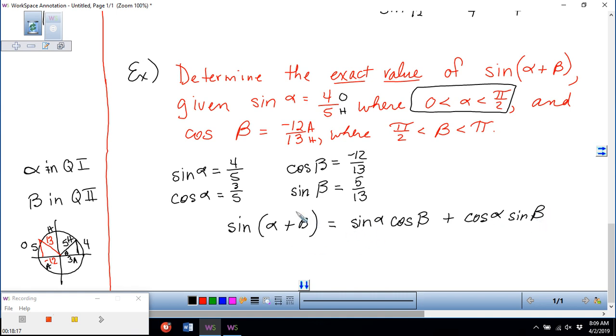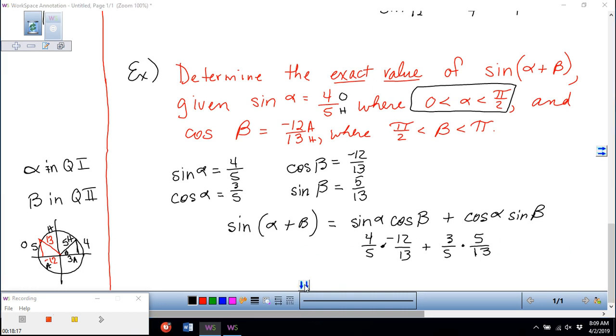Plugging in, sine of alpha is 4/5. Cosine of beta is negative 12/13. Plus cosine of alpha, 3/5. Sine of beta, 5/13.